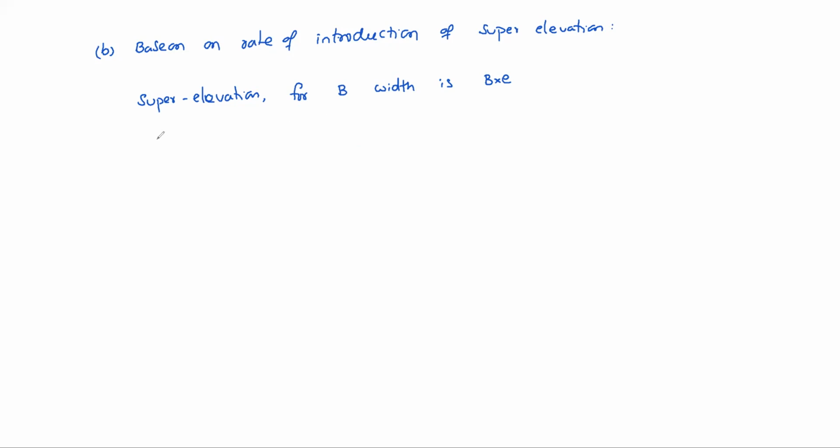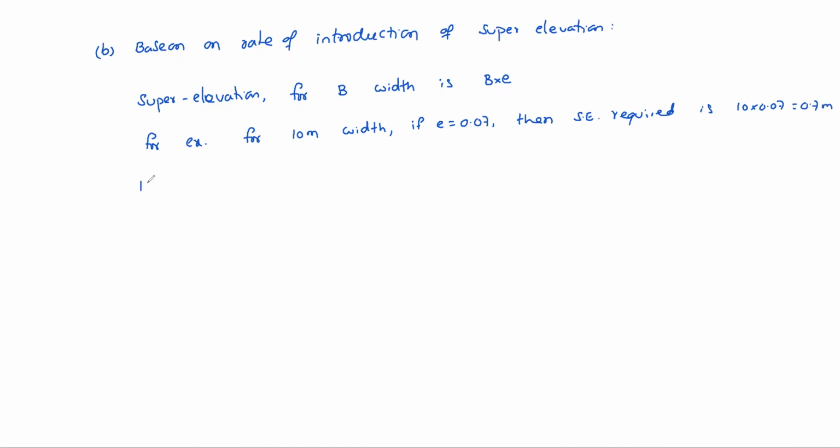For example, for 10 meters width, if E equal to 0.07, then the super elevation required is how much? The outer rise is 10 into 0.07, which equals 0.7 meters. So a 0.7 meter rise is required.